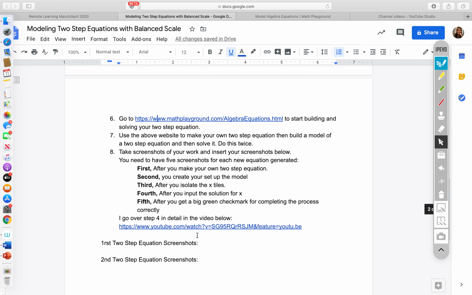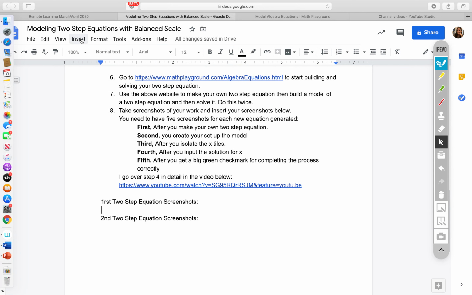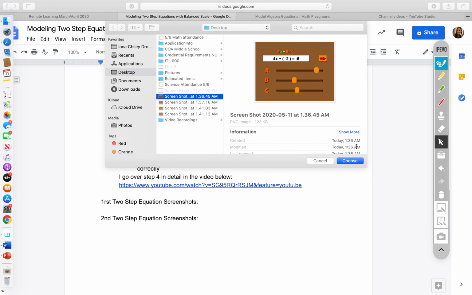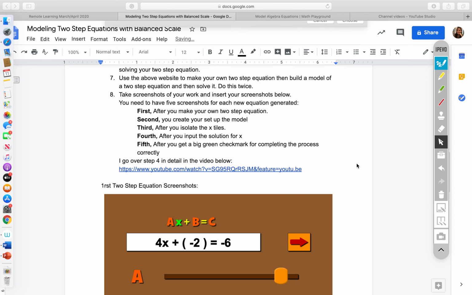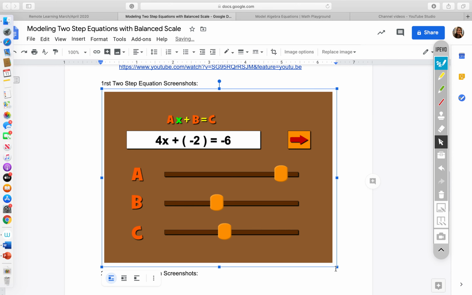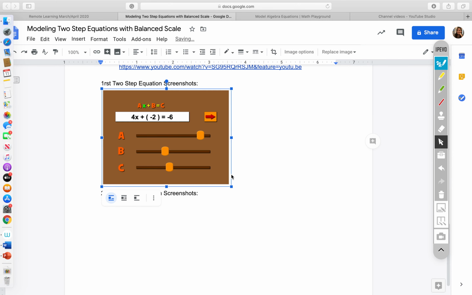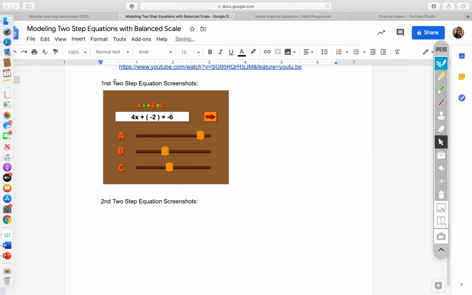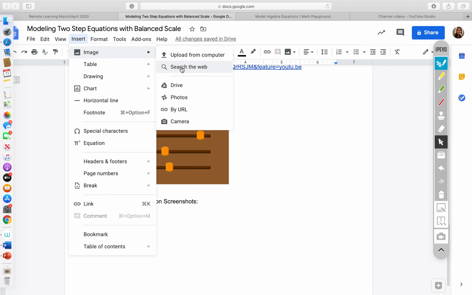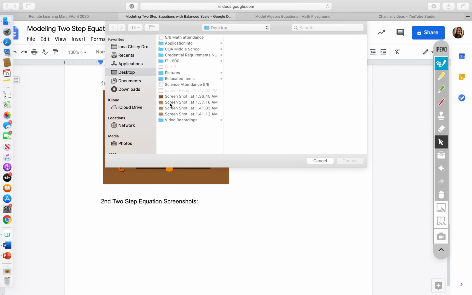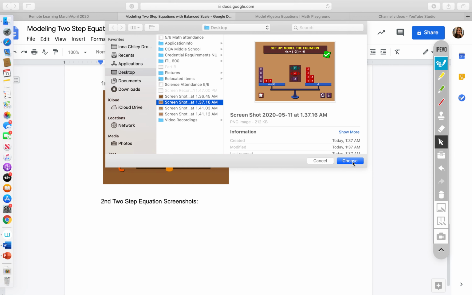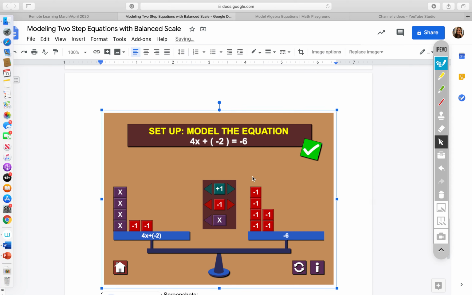So going back to the document, I'm going to insert my screenshots. I've got my screenshot where I create a unique two-step equation. I've got a screenshot where I model the two-step equation.